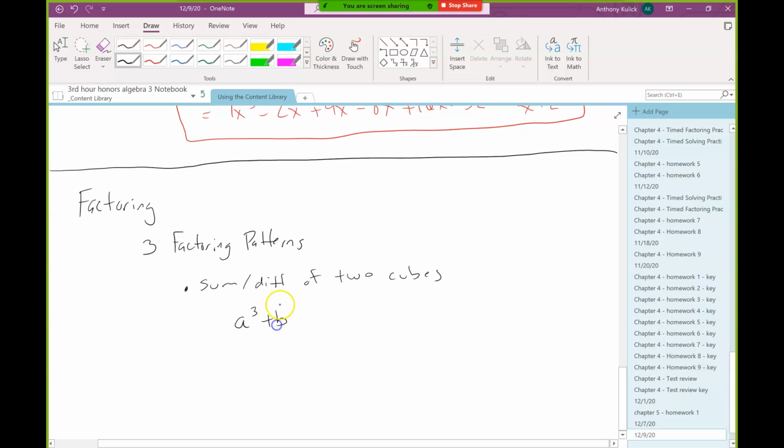So the sum of 2 cubes factors like this. And the difference of 2 cubes factors like this.